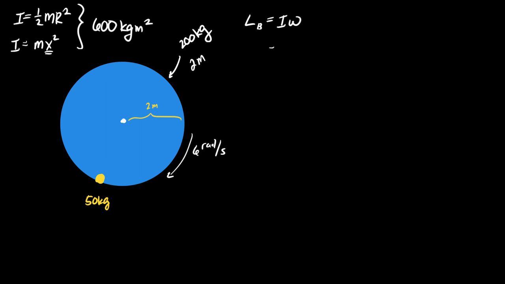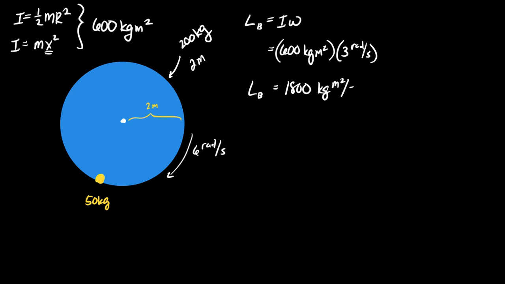So for this problem, we have 600 kilogram meters squared of moment of inertia times 3 radians per second of spin, bringing our grand total for our angular momentum to 1,800 kilograms meter squared per second.